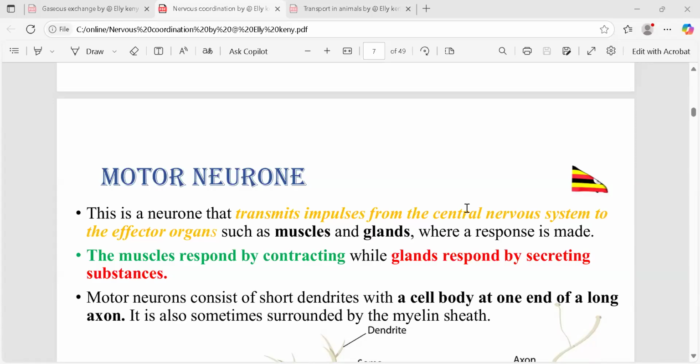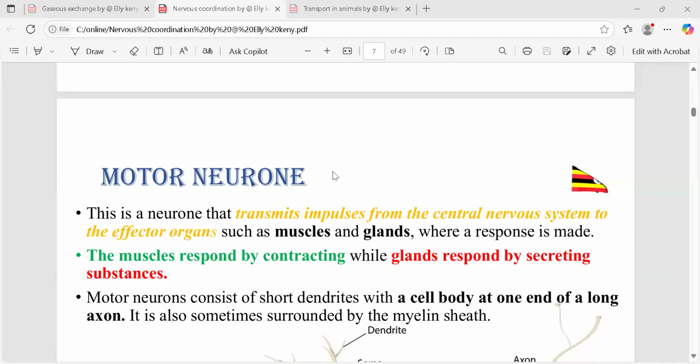The task was to explain how the body of that person coordinated from the time he encountered the snake, when his heartbeat and breathing rate increased, and then from that place to home. So how can I explain that using the sensory neurons, the motor neurons, and the relay neurons?